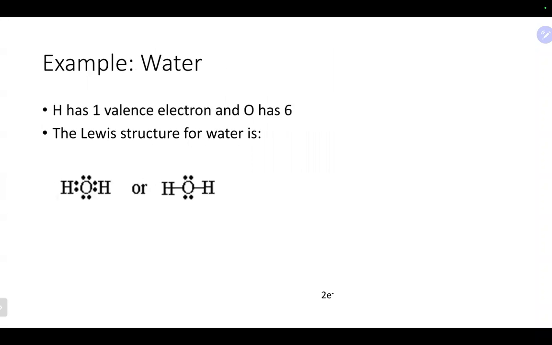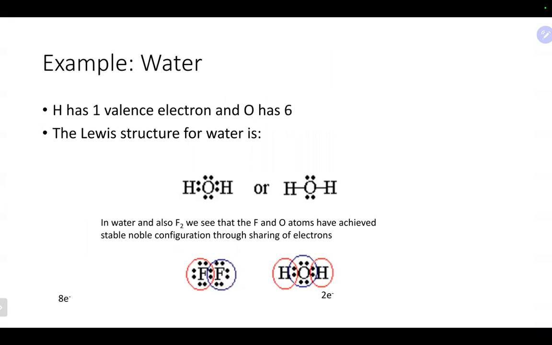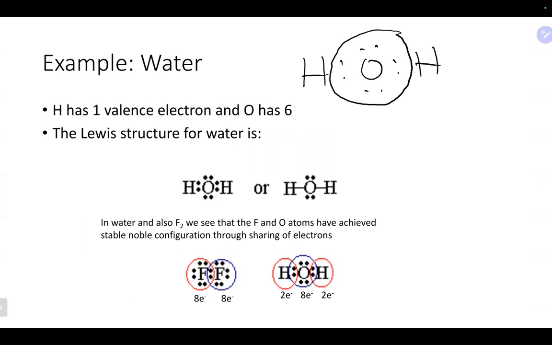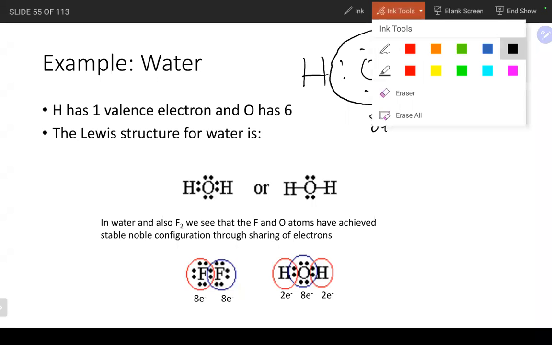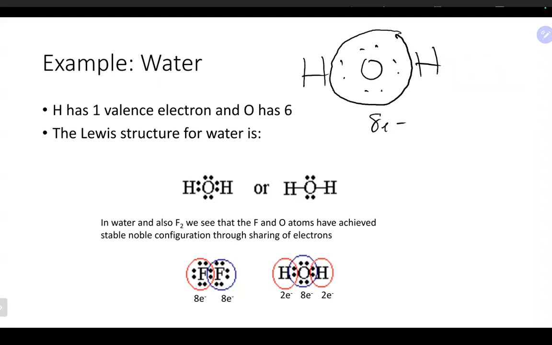So if we look at something like water and we draw water here, once again, water is sharing some electrons with 2 hydrogens, and I'll do it with all dots so we can see it. So once again, the oxygen in the middle, by sharing electrons with both hydrogens, is now able to achieve 8 electrons, which allows the oxygen to achieve that noble gas configuration.